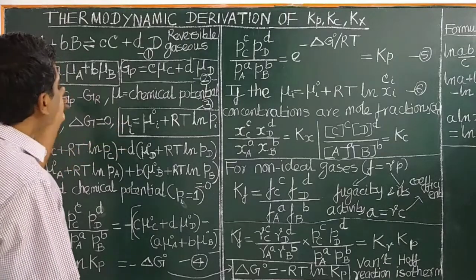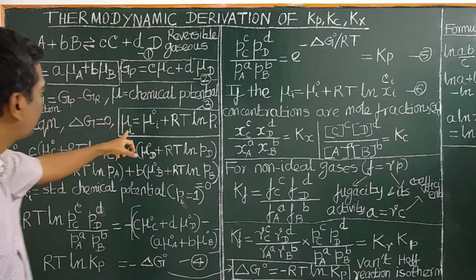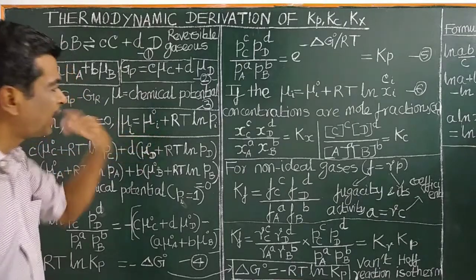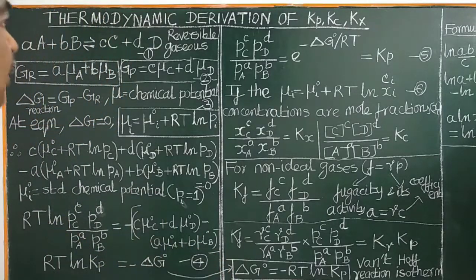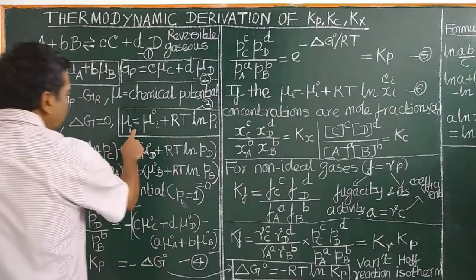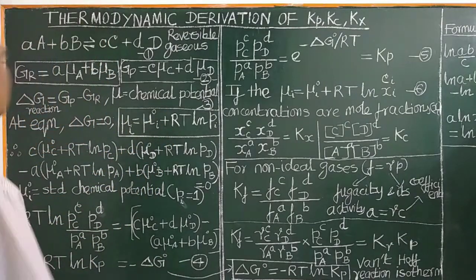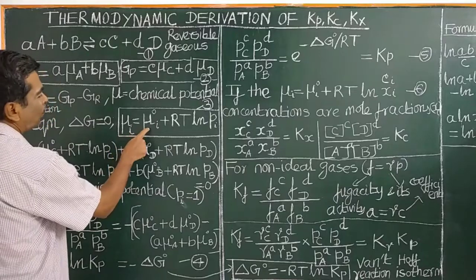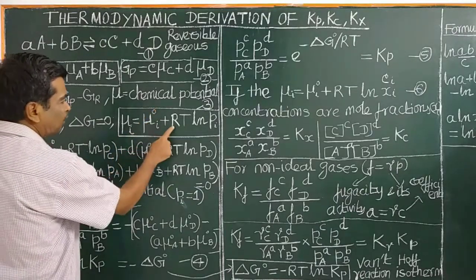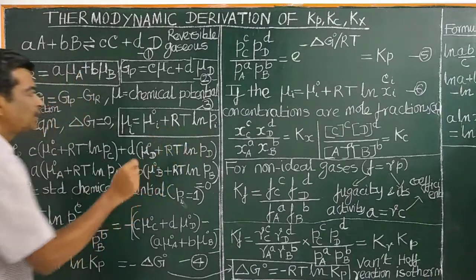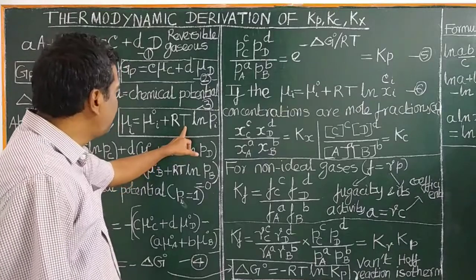Now what is the chemical potential of the ith component? We have derived this in fugacity. Please watch the fugacity video lesson where we have derived this expression, the chemical potential relation. The chemical potential of the ith component is equal to μ naught plus RT ln P, where R is the molar gas constant and T is the temperature.